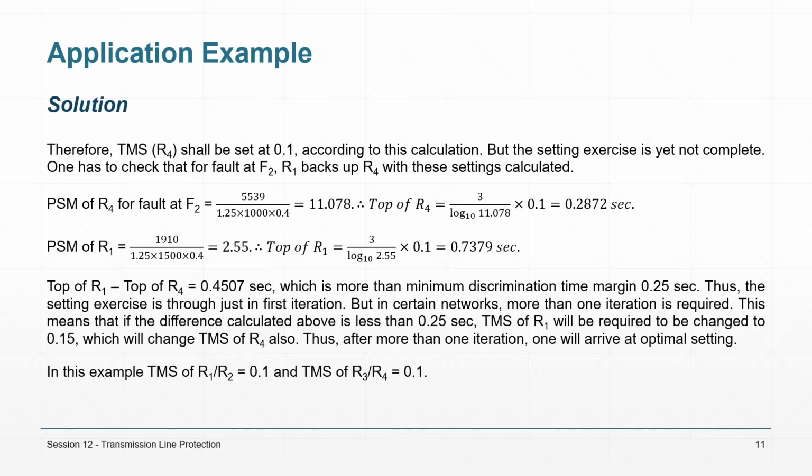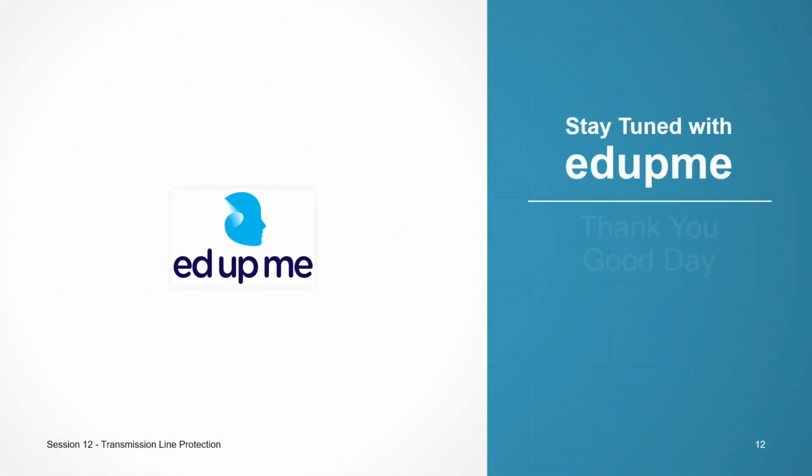Then you do it once again, so it may happen that after 9 or 10 iterations you come to a final setting. Fortunately here, in one go, we have decided the settings: R1, R2, R3, R4 plug setting 125%, and TMS 0.1. This was simple, but otherwise it would have become difficult.